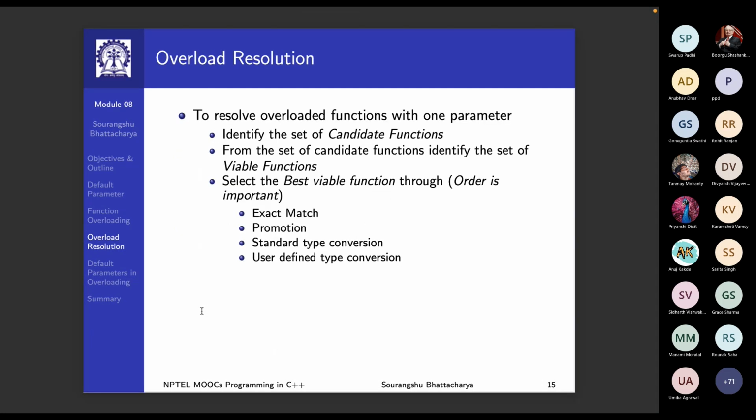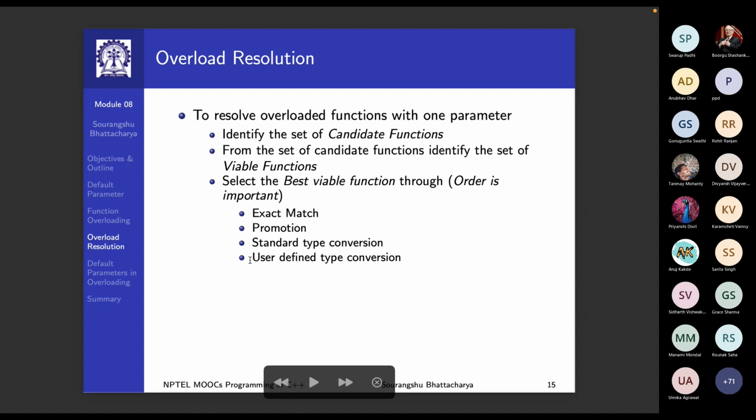There are four ways to find the best viable function, and this resolution is performed sequentially using one of these ways. What are the four ways? The first one is exact match. Then there is a type promotion. Then there is a standard type conversion.